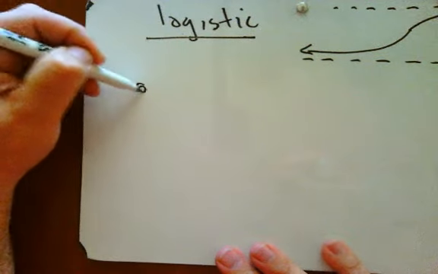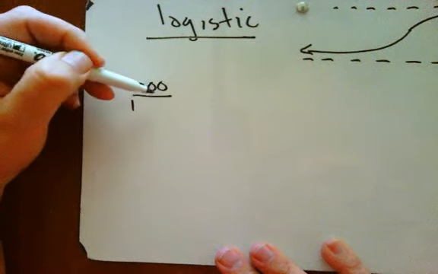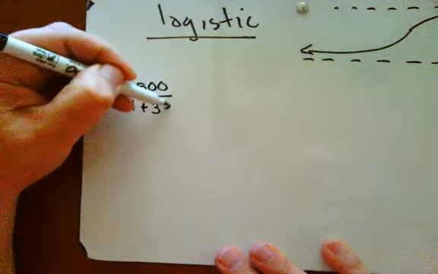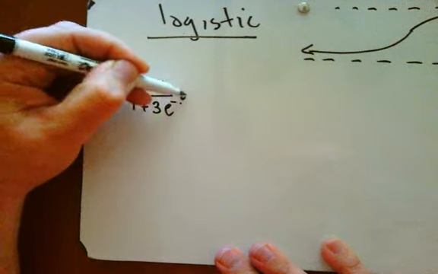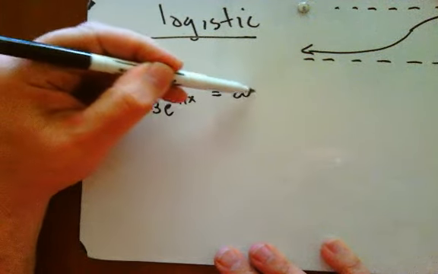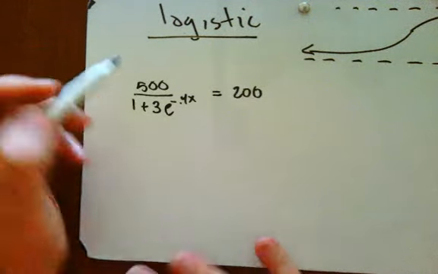Logistic equations start off like exponential growth, but then instead of just having one horizontal asymptote, they have a second one, and they have to bend to that one as well. So this S shape is a logistic curve, and the equation for this looks something like this.